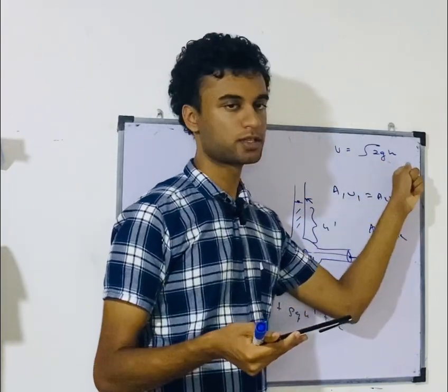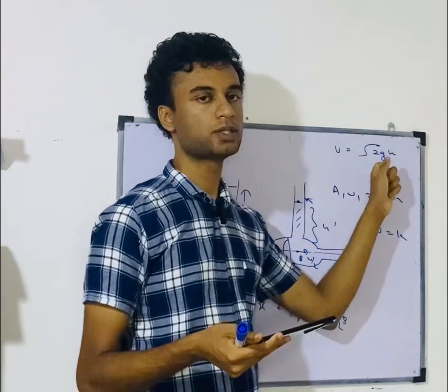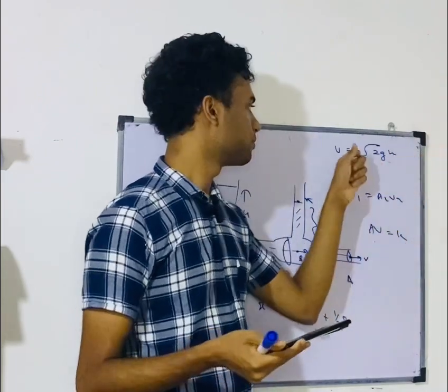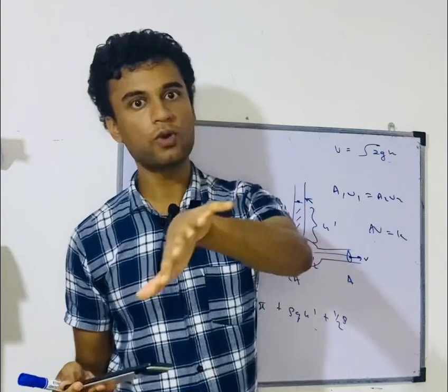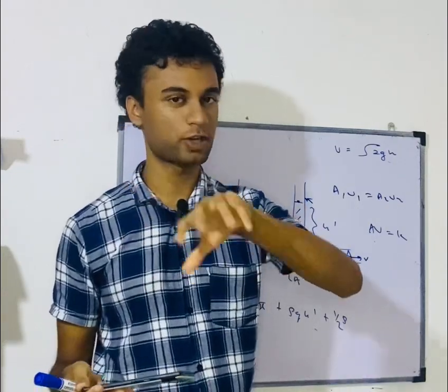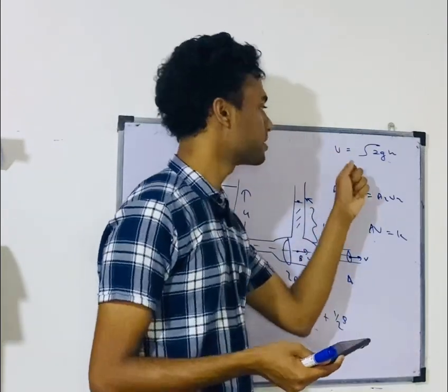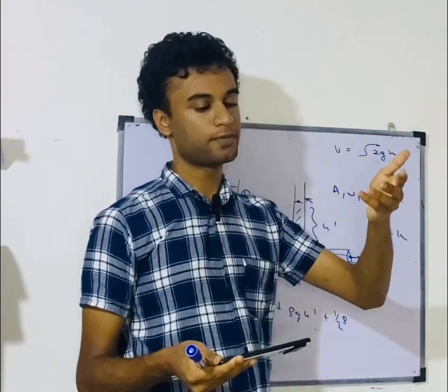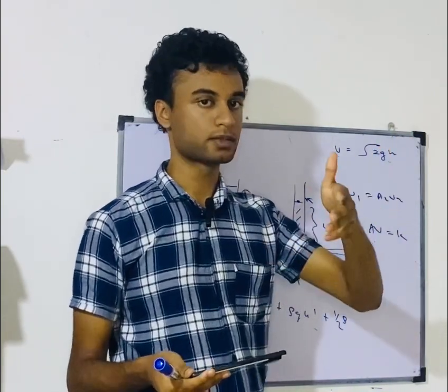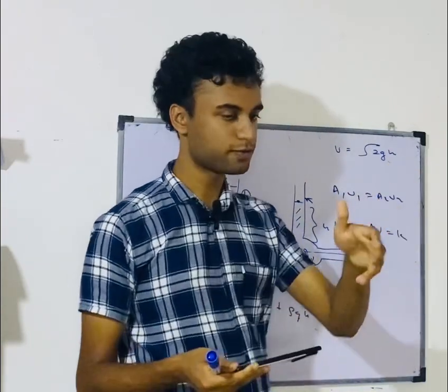V squared is equal to 2gh. Then v over 2 squared is equal to 2gh over 4. Can you see that? You can solve this mentally. V is equal to the square root of 2gh. V squared is equal to 2gh. Then v over 2 entire thing squared means 2gh over 4.